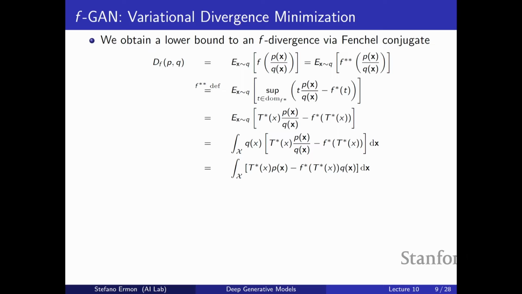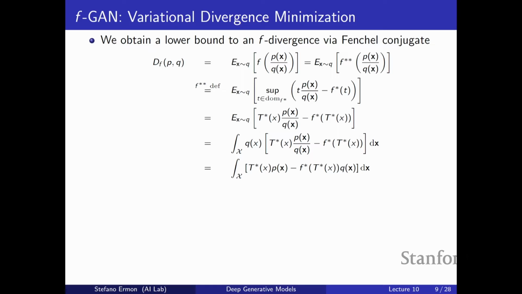Question? What is supremum? The supremum is the same as the max, basically. There does not necessarily exist a max, so it's a bit of a technicality, but think of it as the max. Where is the star sign for the T function?